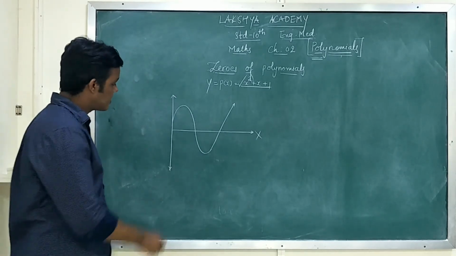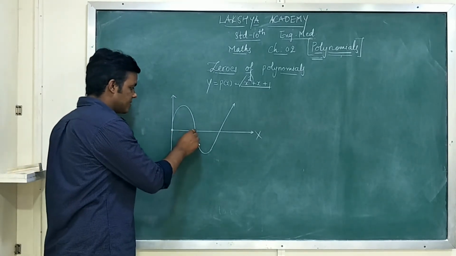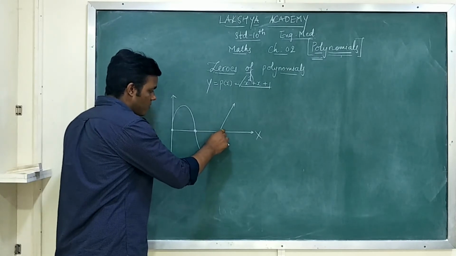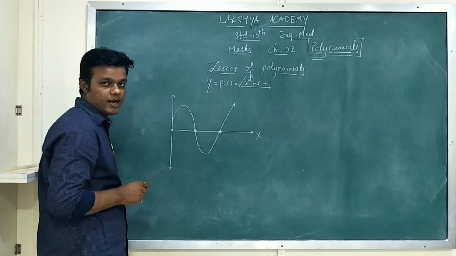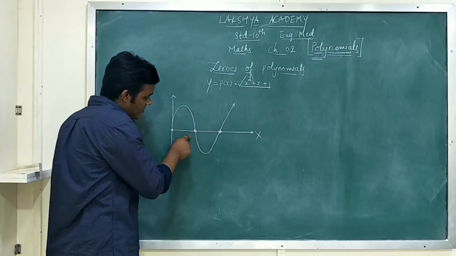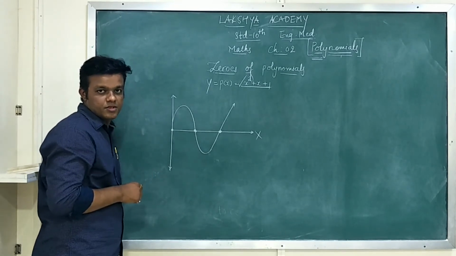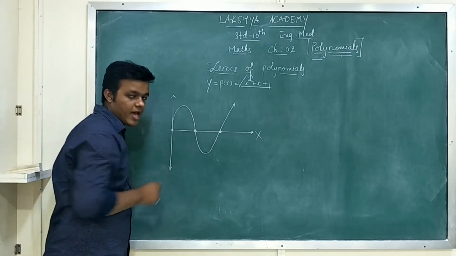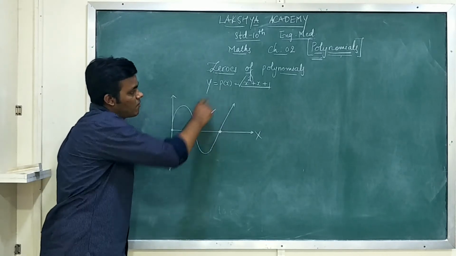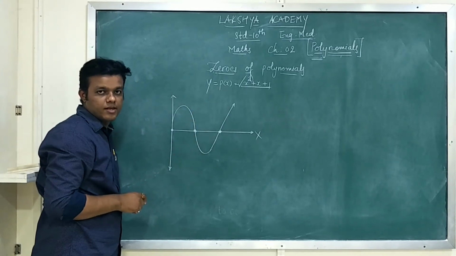Why? Because at the point of intersection, our polynomial becomes 0, right? And those are the values of our zeros. Those are the values of x for which p of x becomes 0, right?